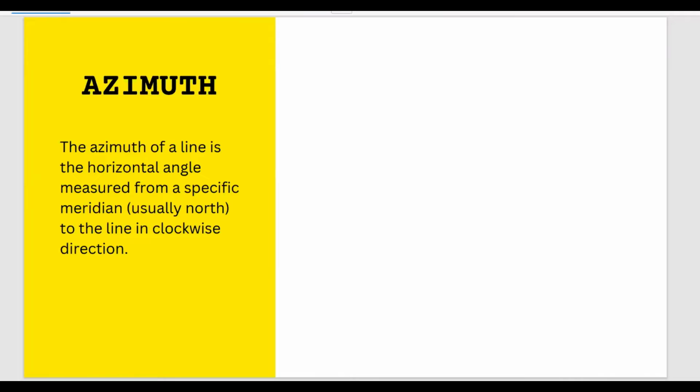If I take a line AB, just any line, let's say this is A and this is B, and the definition says it's from a specific meridian, usually north, and I will draw my north meridian. So this is north, and the azimuth angle is the angle starting from that meridian clockwise to the line. And let's call this angle theta.